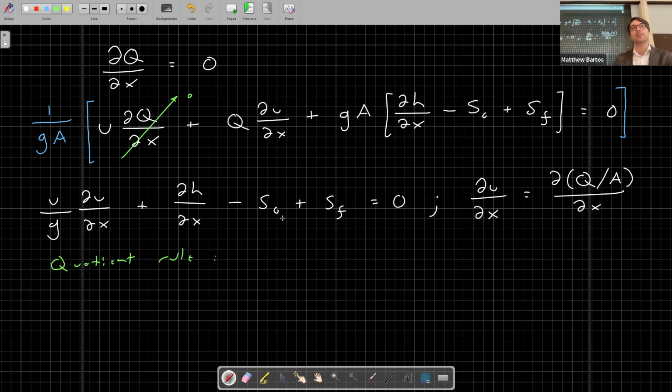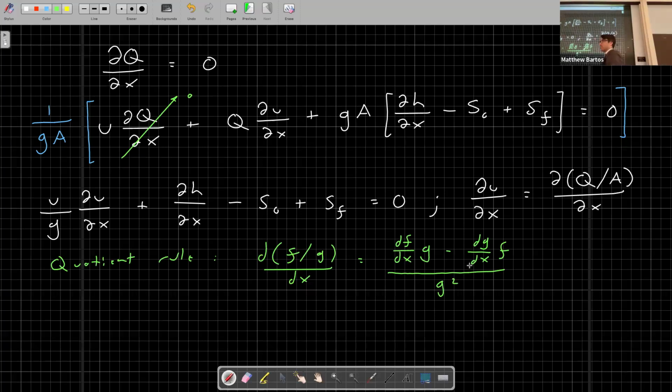And just to give you a refresher, the quotient rule says that if we take the derivative of the quotient of two functions, so d of f divided by g by dx, note that this g here is just some function g, it's not the acceleration due to gravity. d of f divided by g is equal to df/dx times the function g minus dg/dx times the function f, all divided by g squared.